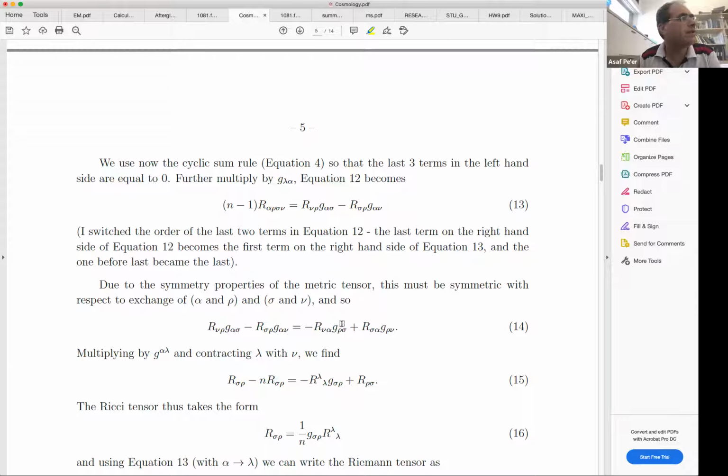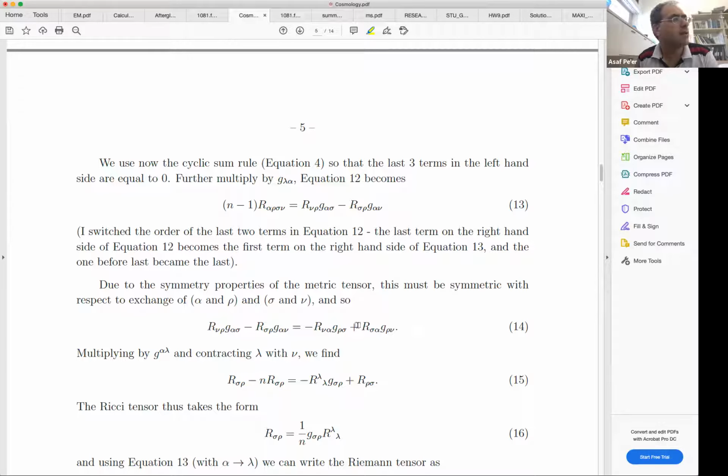And then on the right-hand side, I have a G alpha lambda R nu alpha. Then that will end up with an R lambda nu, but then I contract, so it's just a minus R lambda lambda times G sigma rho.